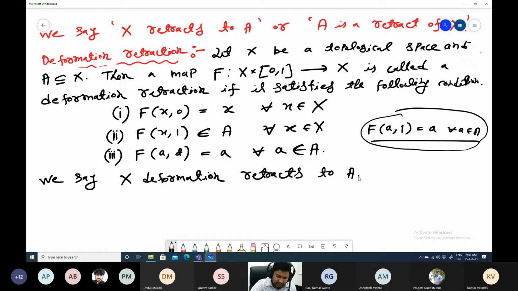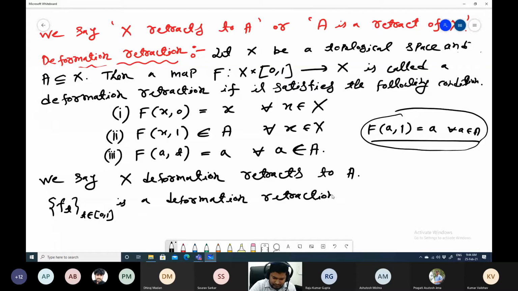Sometimes we say that the collection F_t is a deformation retraction, where F_t(x) is defined by F of x comma t.